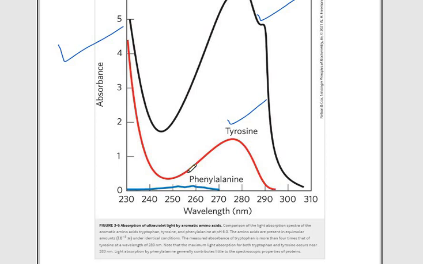Note that maximum light absorption for both tryptophan and tyrosine occurs near 280 nanometers. This is the peak where absorbance of these amino acids at 280 nanometers takes place. Light absorption by phenylalanine generally contributes little to the spectroscopic properties of proteins.